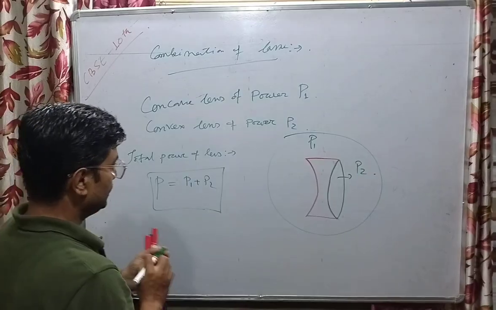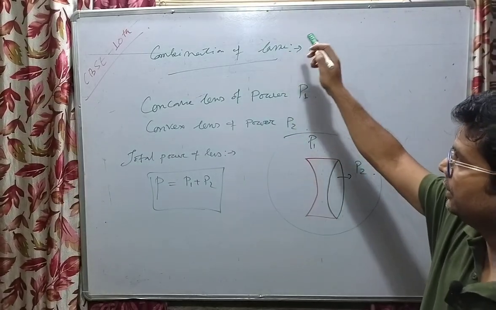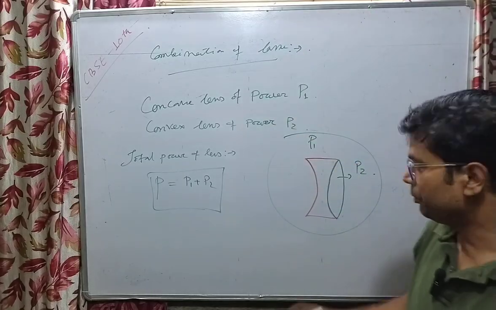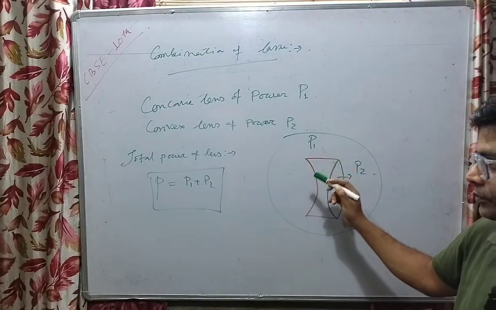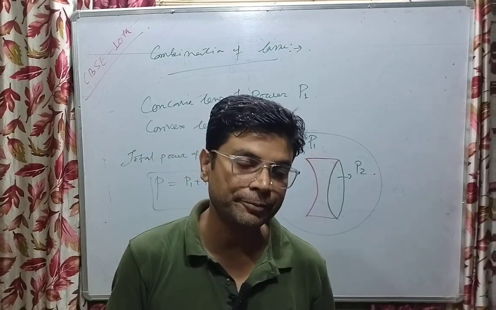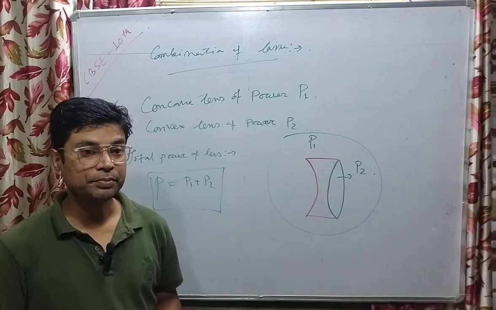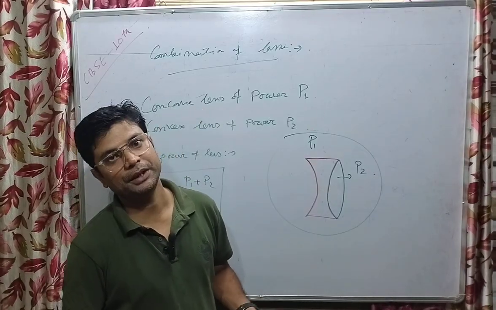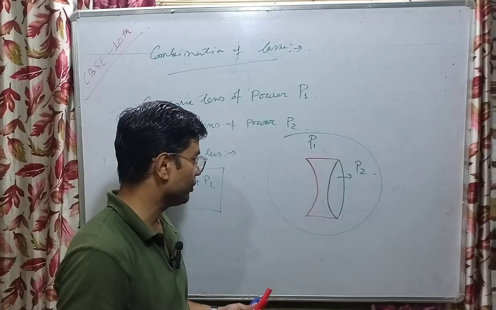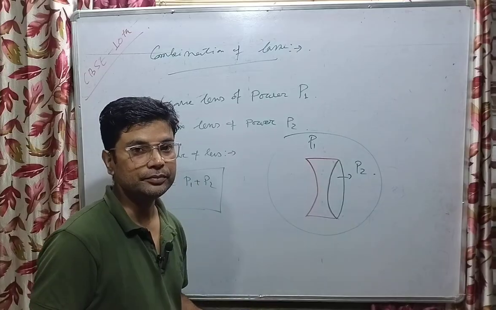This is the expression for the total equivalent power of this combination. Suppose students, you are given two different lenses having two different powers and asked to obtain the power of the combination. Then you just do one thing, add the power of those two particular lenses.